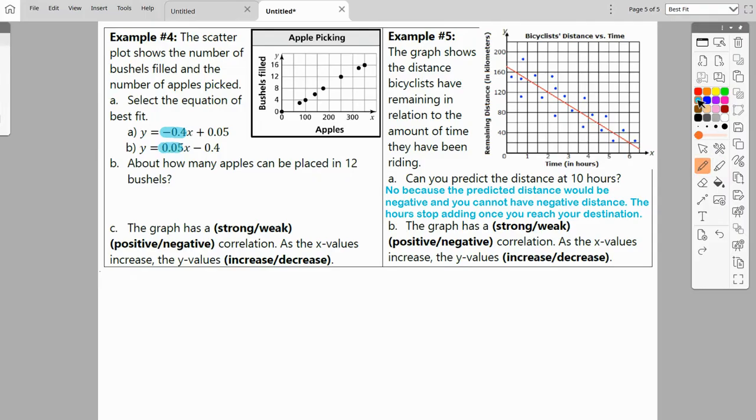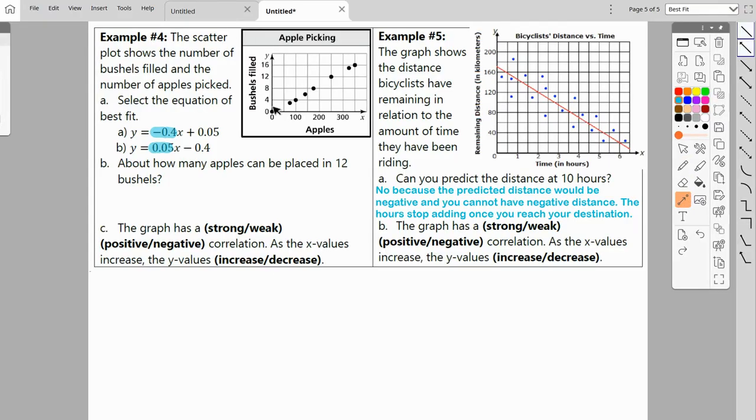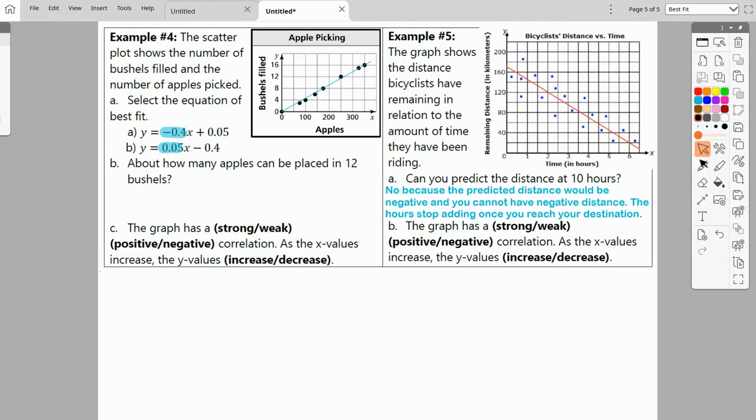If I sketched a line of best fit here, I would see that from left to right, it's going to be rising. So that means I have to have a positive slope, which is only selected for B here. So that's going to be our equation of best fit. You can also type both of those in Desmos and look at the visual to see which one matches.